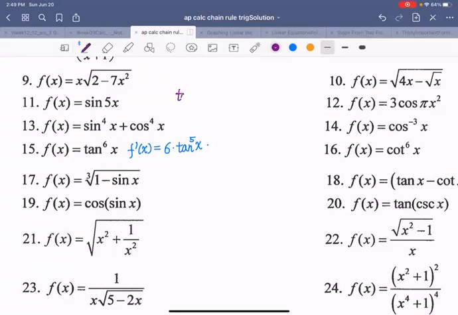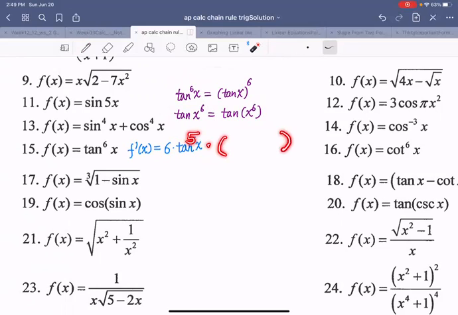If you have tangent x to the power 6 written like this, that means you do tangent x first, and then you do the power of 6. But watch out. If you have something like this, this means you do x cubed to the power 6 first, and then you do the tangent. These two are totally not equal, okay? This and this are totally different. So you put 5 here.